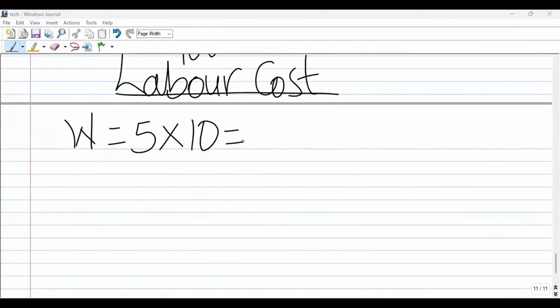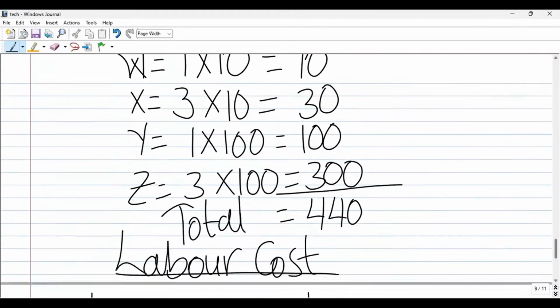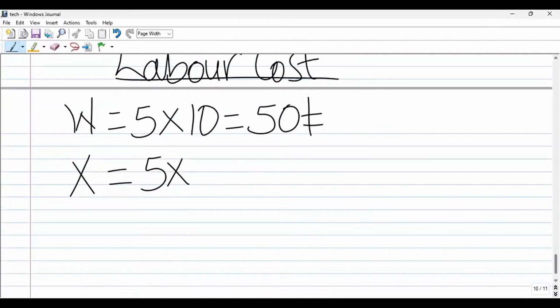But now they are saying per hour. That's why I'm multiplying with the number of hours. So this gives us 50 shillings. X, 5 times the labor hours here, 30. That gives us 150 shillings.